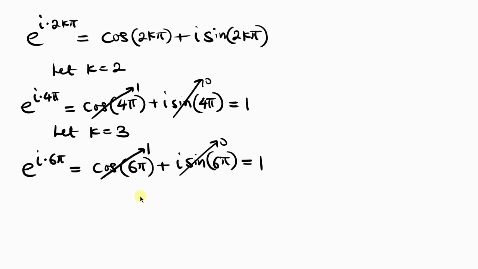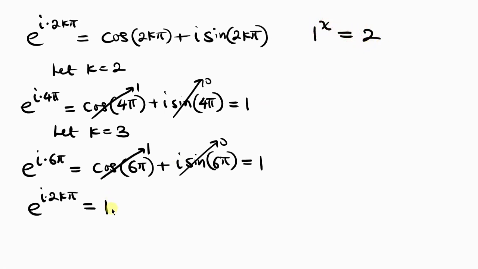So it goes on to say that whenever we have an expression of e to the i times 2k pi, as long as k is an integer, this should be equal to 1. So we're going to go back to our question, which says 1 to the x is equal to 2.